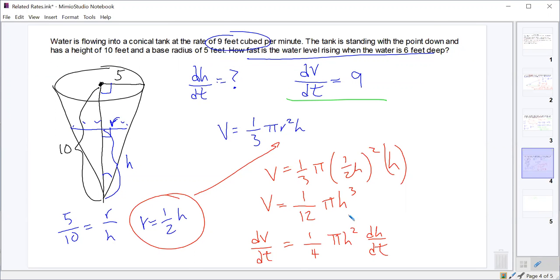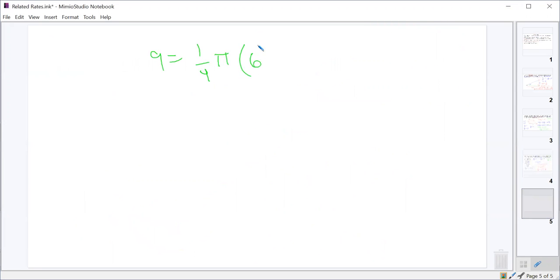Well, our height that we were interested in was h equals 6, right? So if h is 6, that ought to be 6 squared, and then we have dh/dt. So we're looking for dh/dt.